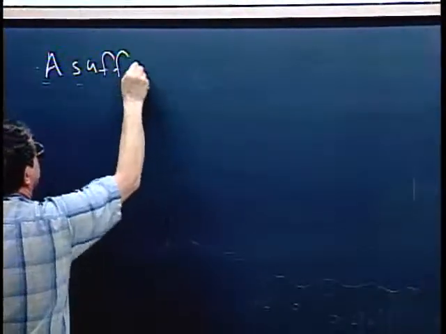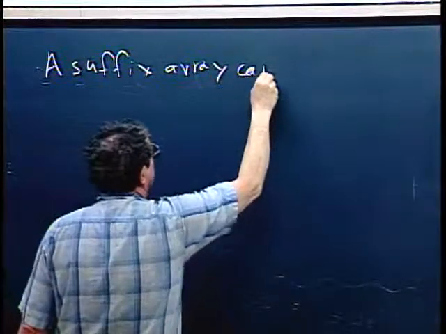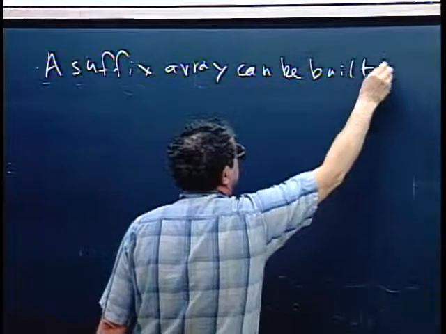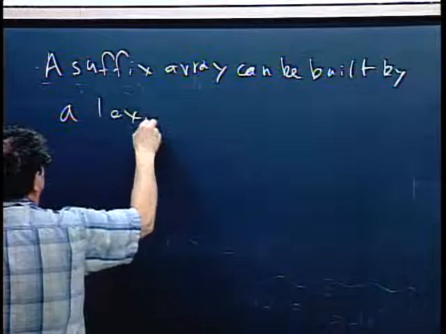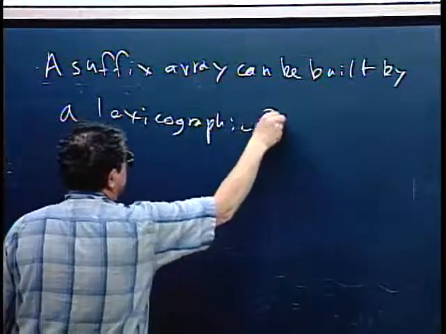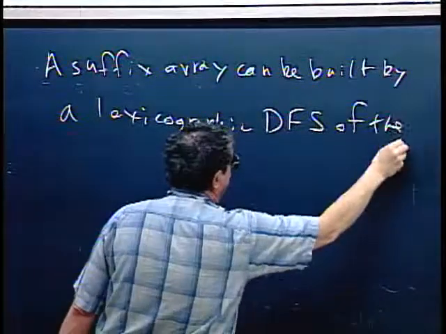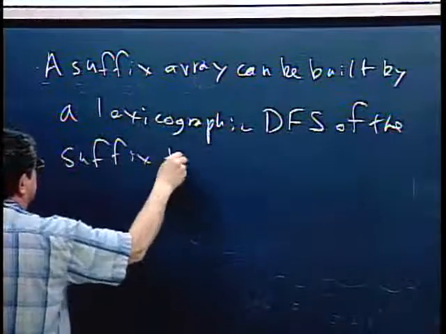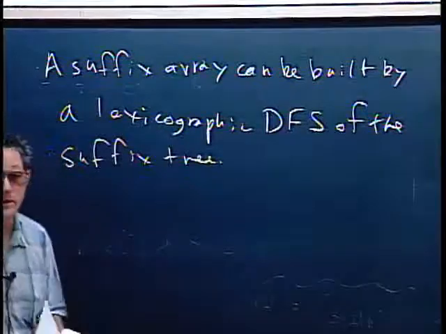A suffix array can be built by a lexicographic depth-first search of the suffix tree for the string S, for the string that you have in hand.